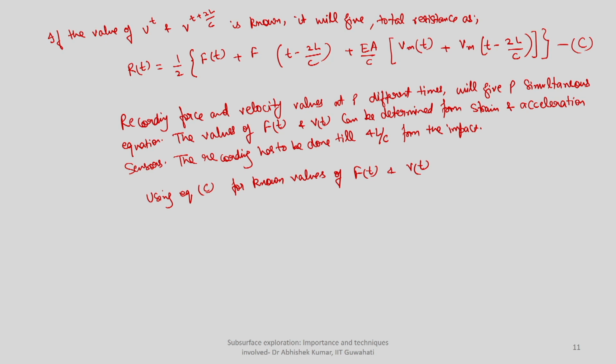So, this equation is a generalized one. If you are having resistance from intermediate depth, it will take that into account, because the second component accounts for the resistance from intermediate depth. If you are not having it and only toe resistance is there, then the reflection from intermediate depth component will not be there.